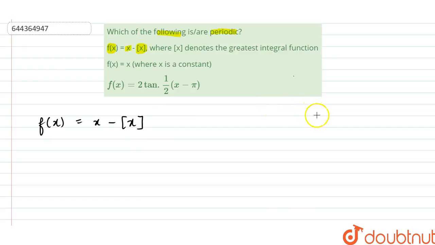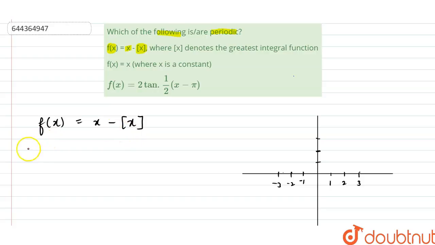So if we draw the graph for the same, this is 1, 2, 3 and -1, -2, -3. Then we know since this graph acts interval wise, so let's consider the interval from 0 to 1.